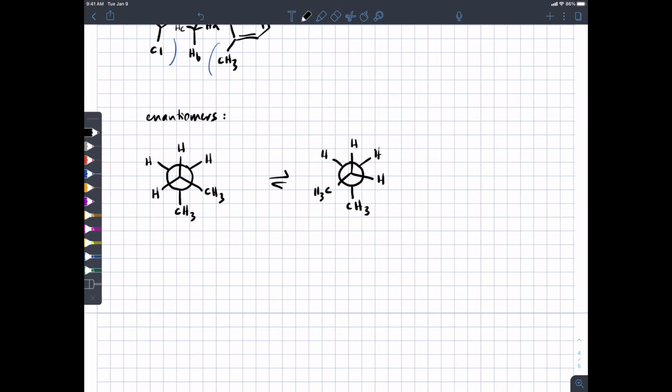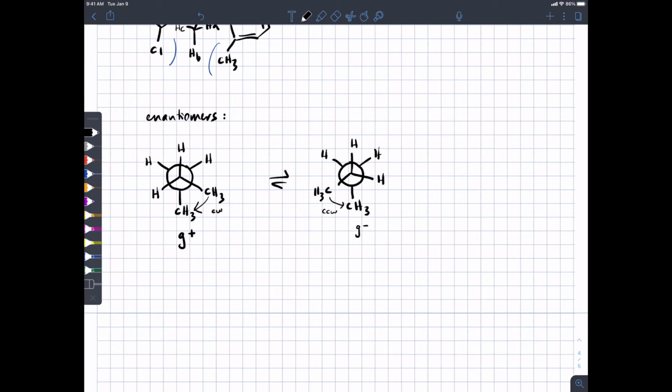We called this one gauche plus because going from the front methyl group to the back proton is counterclockwise. We called this gauche minus. Sorry, that's clockwise. And we called this gauche minus because going from the methyl group in the front to the one in the back is counterclockwise.